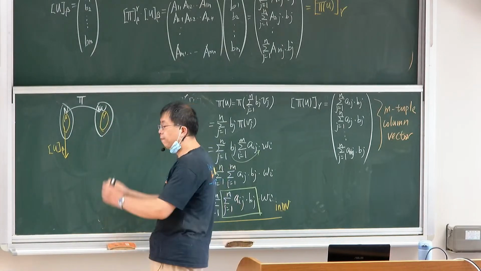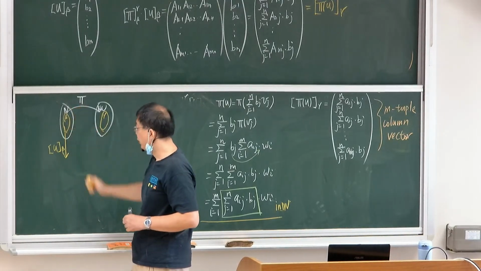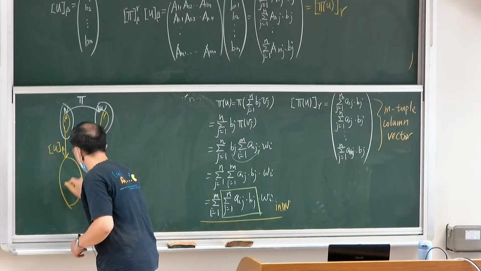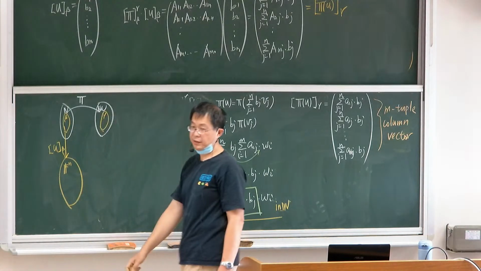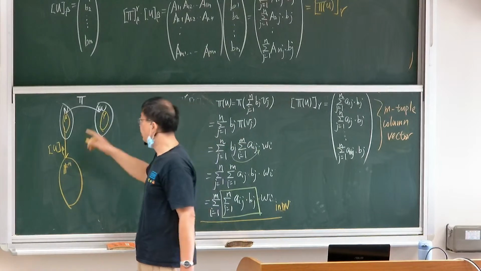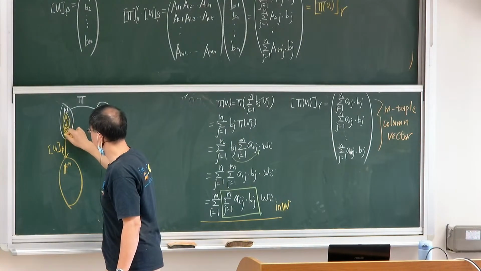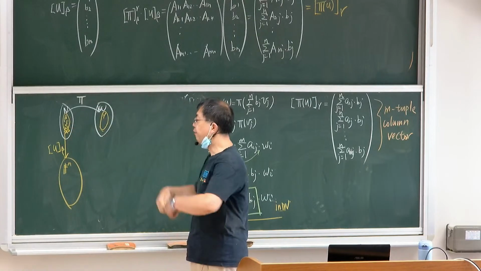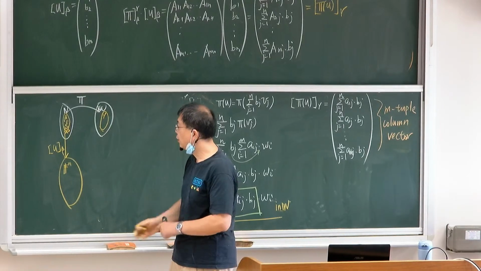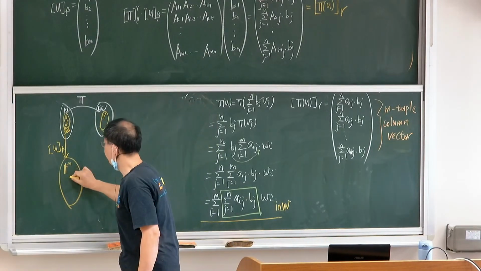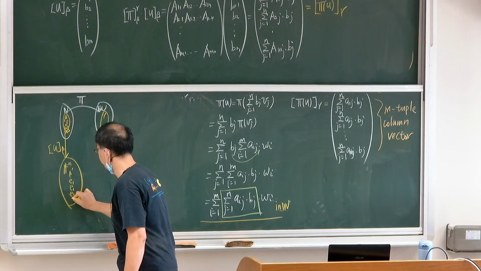Then we convert the vectors in V into Fn column vectors. The basis here, for example, is 1, x, x squared, x cubed, but after we take the column vector representation, the basis becomes E1, E2, E3, E4.